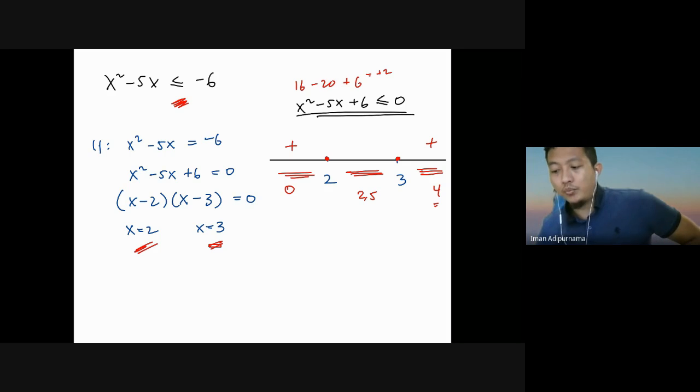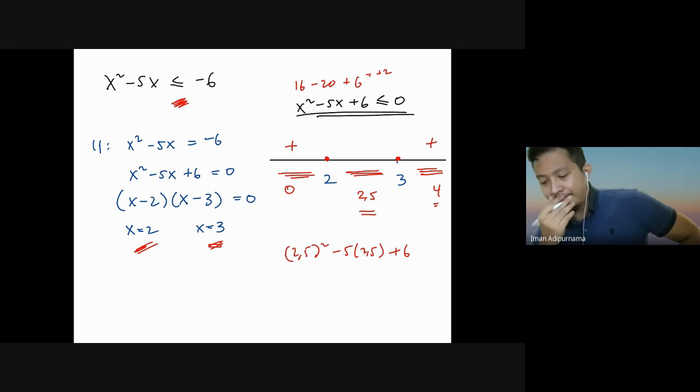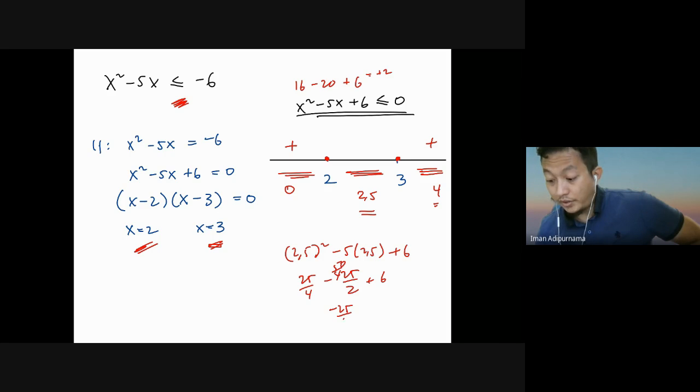And what will happen when we have 2.5? 2.5 squared minus 5 plus 6. What will happen? I think we can write this as 25 over 4, right? It is 50 over 4. It's negative 25 over 4 plus 6. If you look here, it is negative, right?